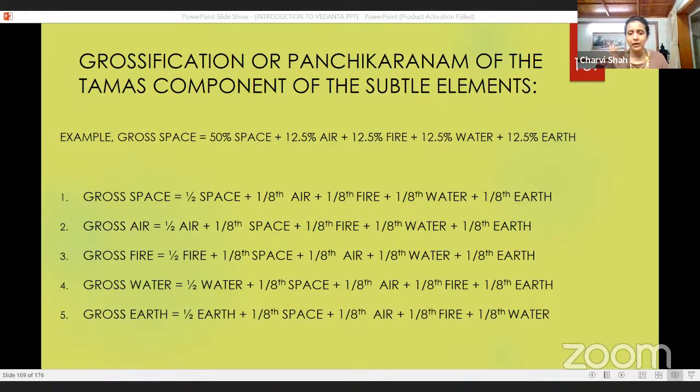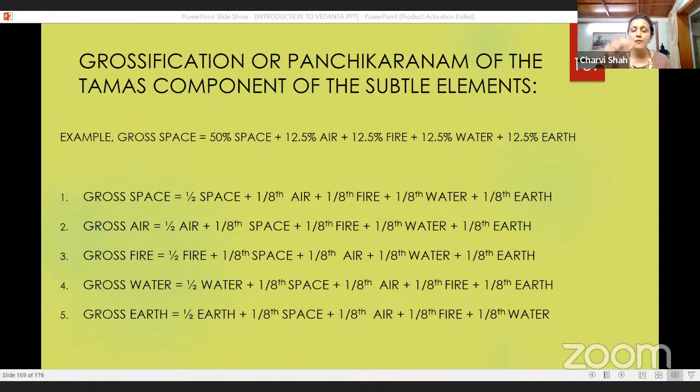Earth does not have only one Panchamahabhuta, that is earth, the Prithvi itself, but it is a combination of all the five elements, but the predominant element is earth. The predominant element is Prithvi, while the other four elements are in like 12.5%, 1/8 of the proportion. So this is called Panchikaranam, grossification.